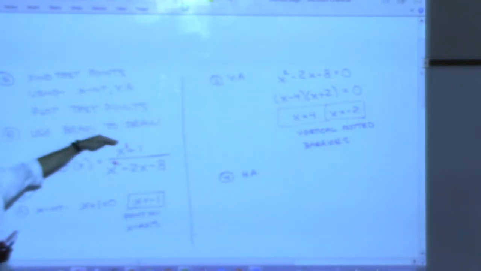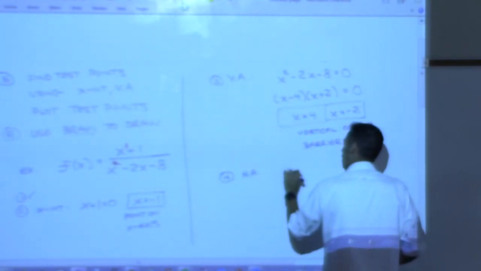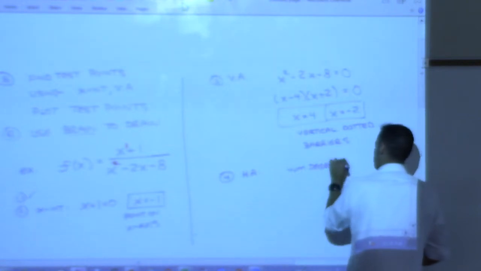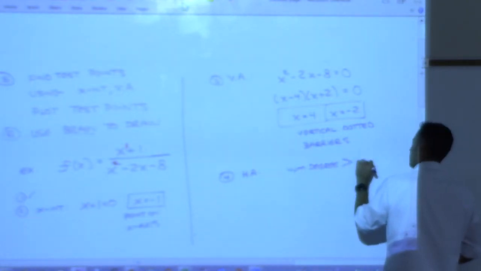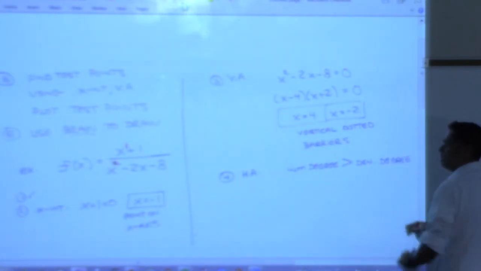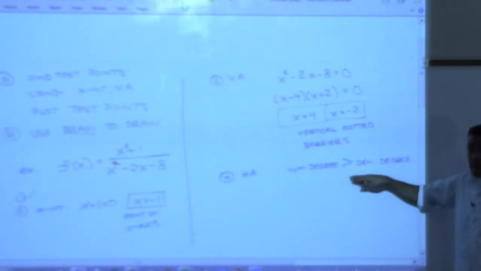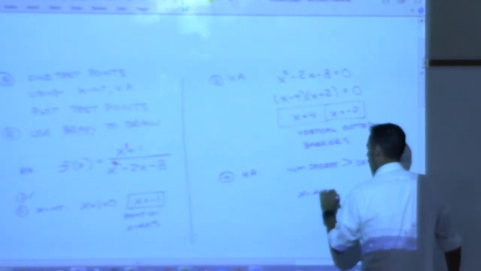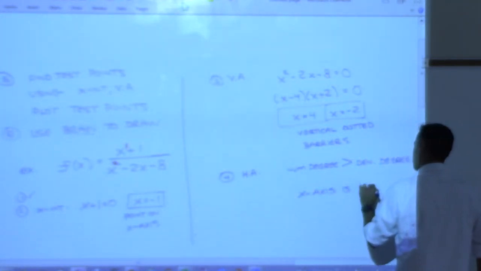In the case that the numerator's degree is bigger than the denominator's degree, whenever that happens, automatically the x-axis is your horizontal asymptote.